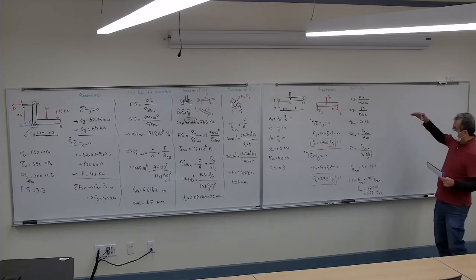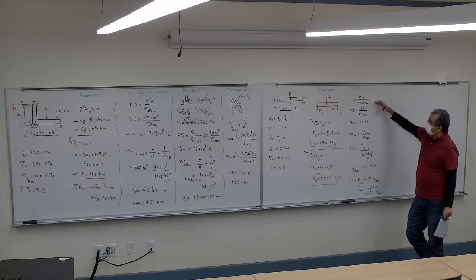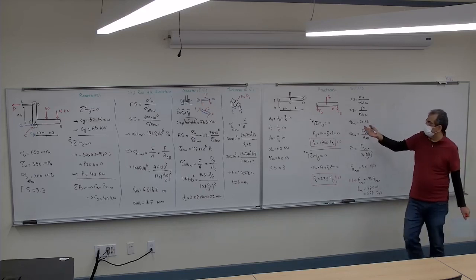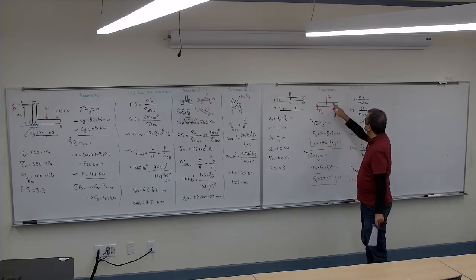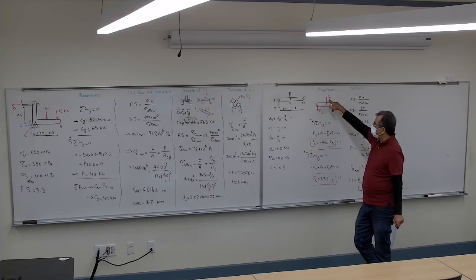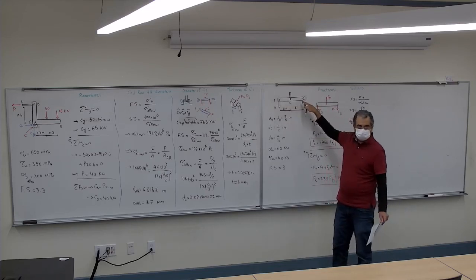Let me walk you through what happened here. I would say that if AB breaks first, this is what I have. I don't know either of these three. I want to know the maximum of that. It's going to break either here or there.